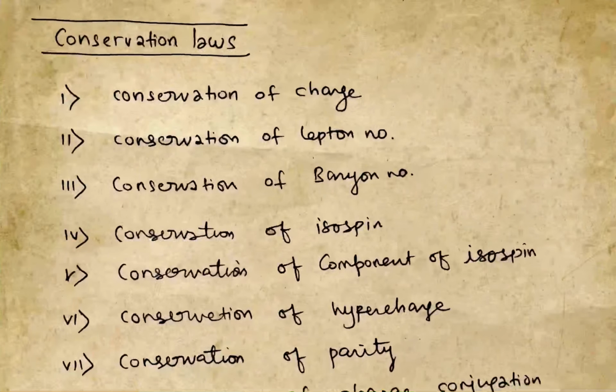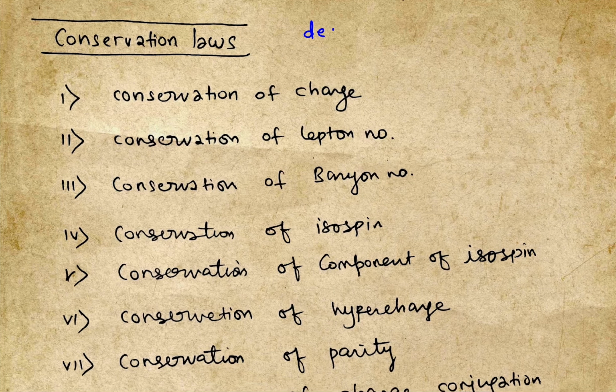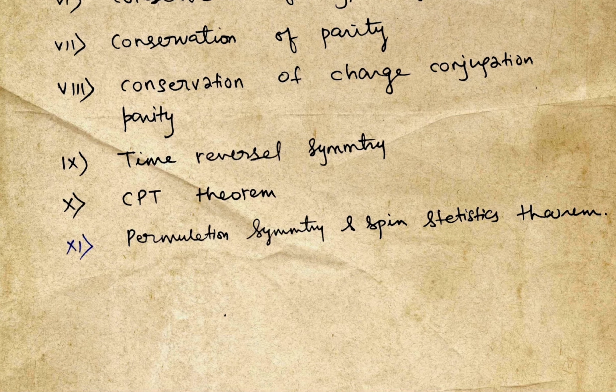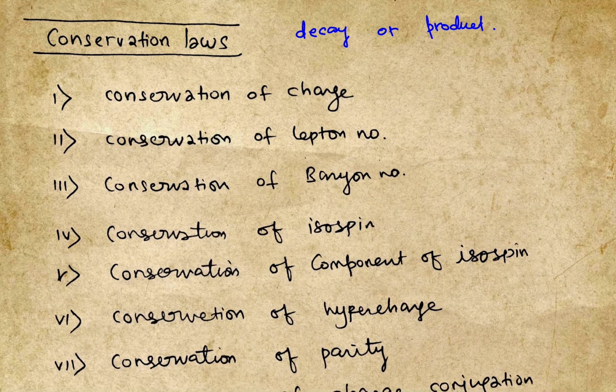And then each kind of decay of particles or production of particles, whatever happens, they must follow the conservation laws. But we have around 11 conservation laws in total to quantify, and not all of them are compulsory for each kind of decay or production.